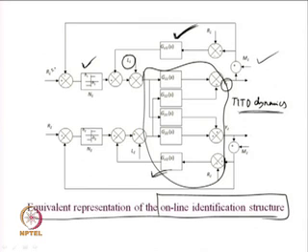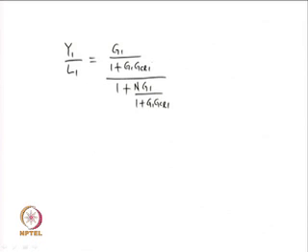Assuming R1 to be 0 and R2 to be 0, for the case when the TITO dynamics is assumed to have decoupled dynamics, the transfer function between the output and the static load disturbance can be given in this form. Upon simplification, it gives us G1/(1 + N G1 + G1 G_CL1). This is for one loop.